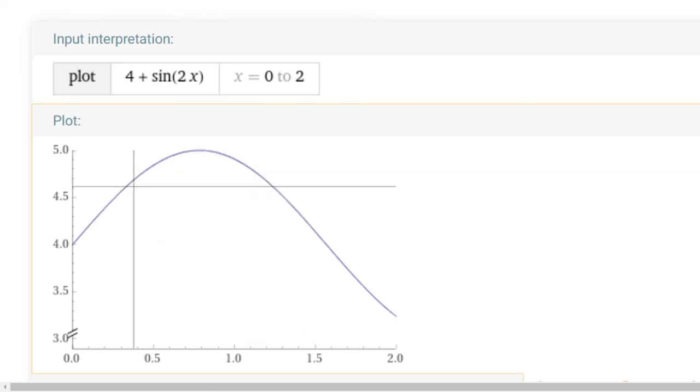And that's why the quadratic approximation was more accurate, or closer to the actual value, than the linear approximation in this particular case. And that's the end of task 3.